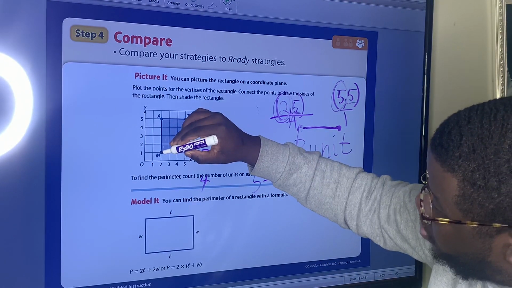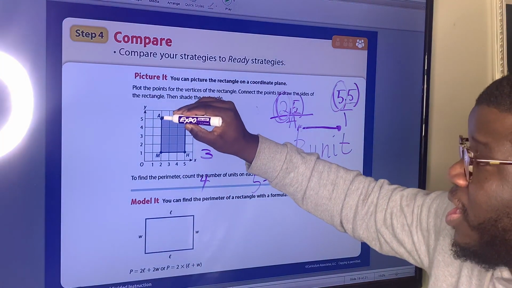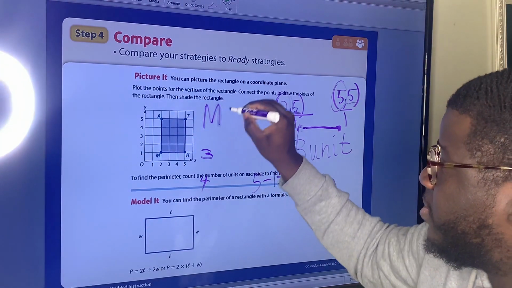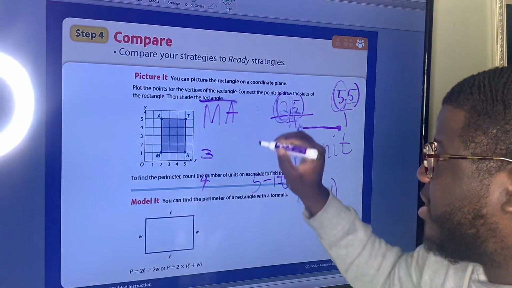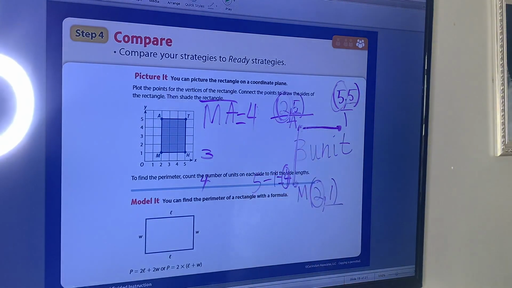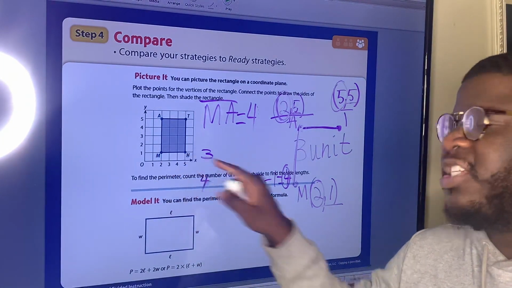From here, 1, 2, 3, and 4 units. So the length of MA is equal to 4 units.